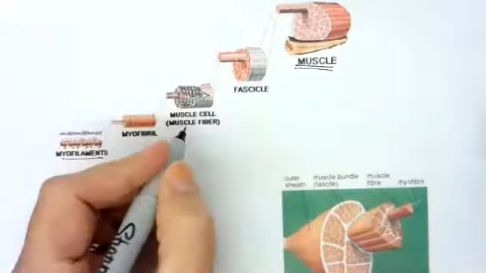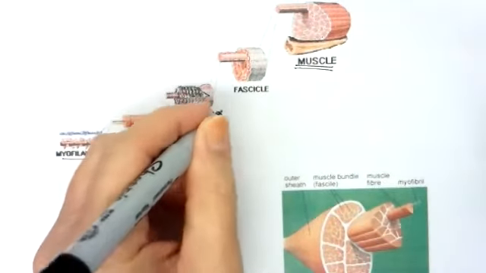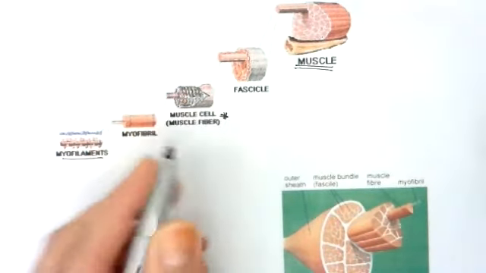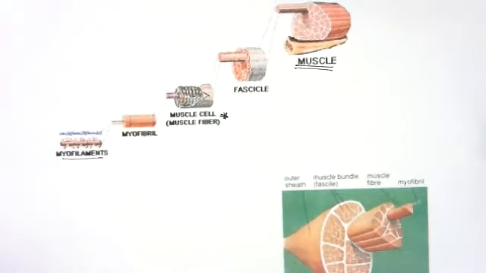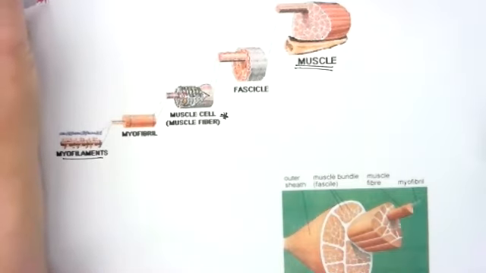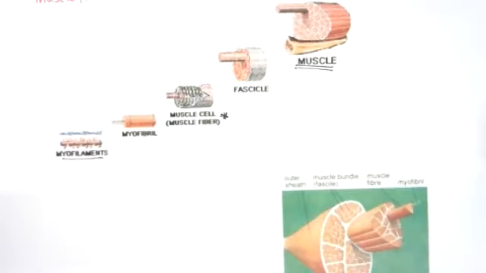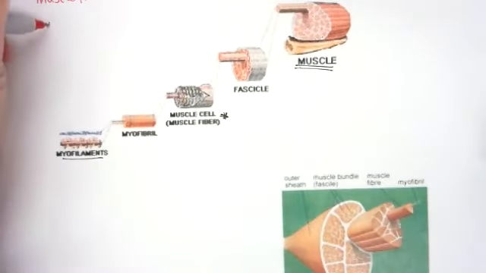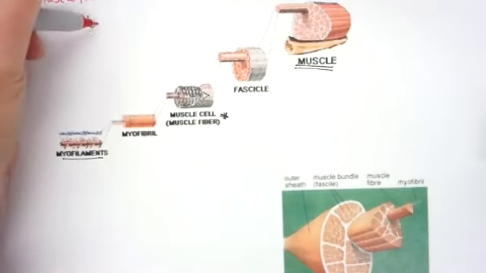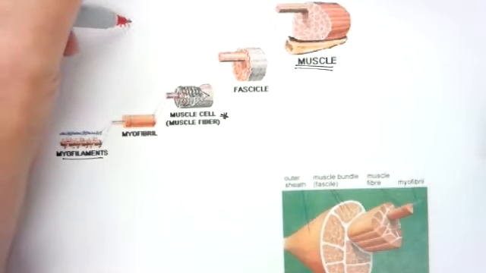And right here in the middle, it says muscle cell. So we're looking at the center, and muscle fiber. These two terms are synonyms. Instead of calling it a muscle cell, it's often called a muscle fiber. Muscle fiber is a muscle cell.